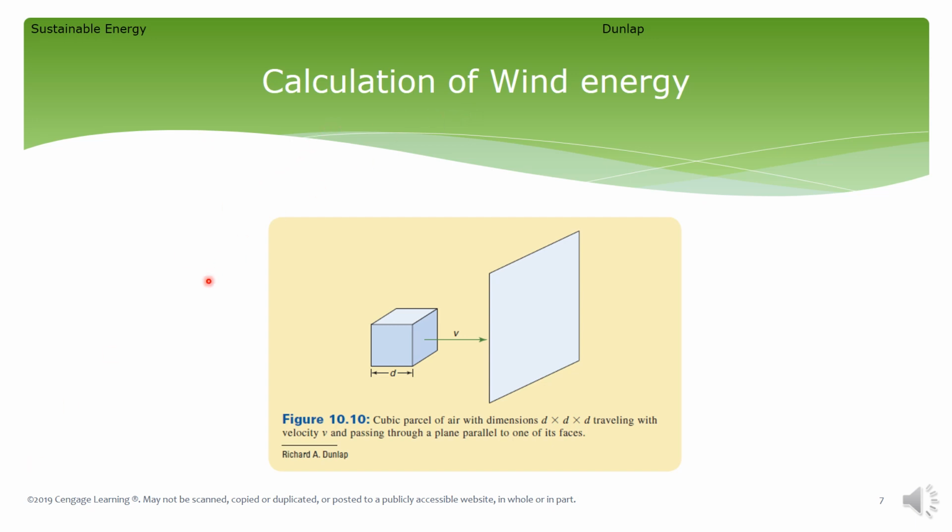Calculation of wind energy. In order to calculate wind energy, assume a small cubic parcel of air with dimensions d by d by d, traveling with velocity v, and this cubic parcel passes through a plane parallel to one of its faces.